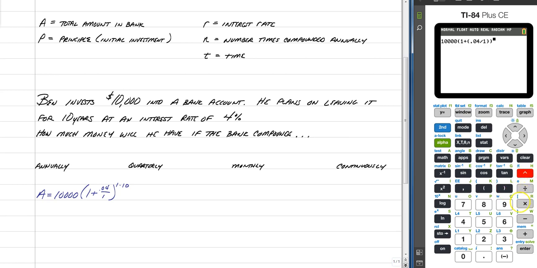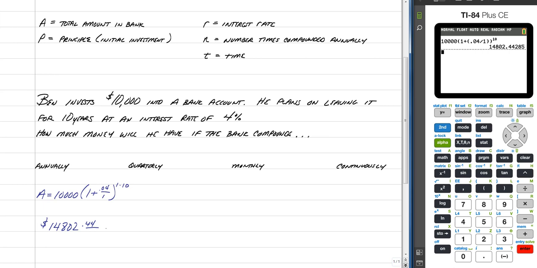And now raise it to the 1 times 10, or you can just type 10. Click enter. At the end of 10 years, Ben is going to have $14,802.44.